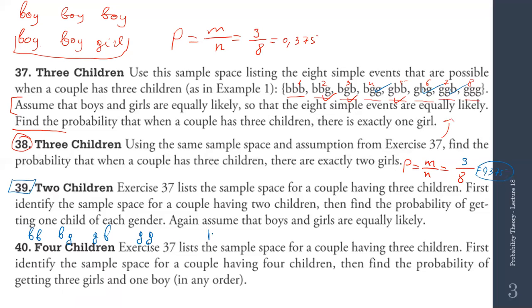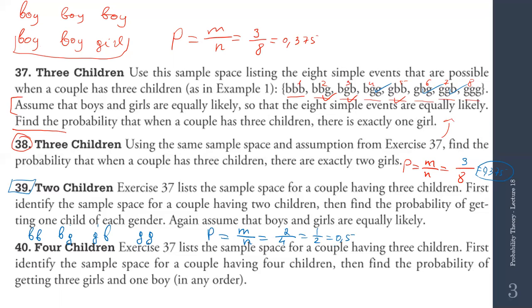So probability equals m over n, where n in our case is 4. We need to find the probability of getting 1 child of each gender. So the middle two, 2 over 4, which is 1 over 2, gives us 0.5.